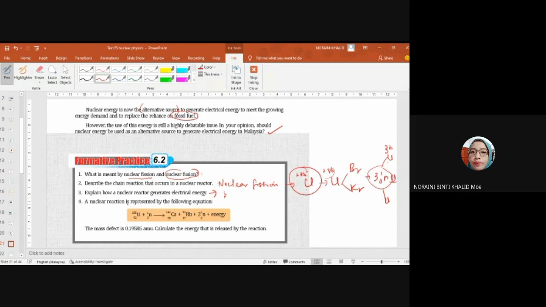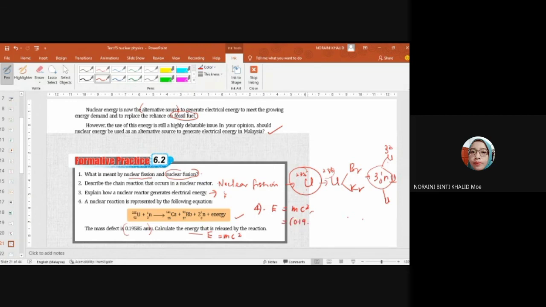Number 4, a nuclear reaction is represented as follows. The mass defect is 0.19585 amu. Calculate the energy released by the reaction. It's given already, so just use E equals mc squared. For number 4 here, E equals mc squared.